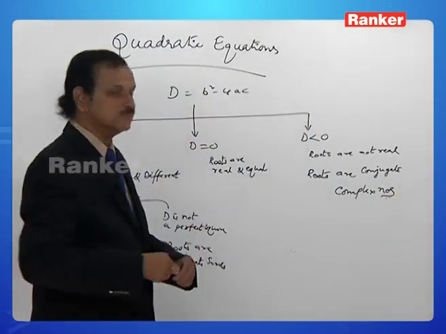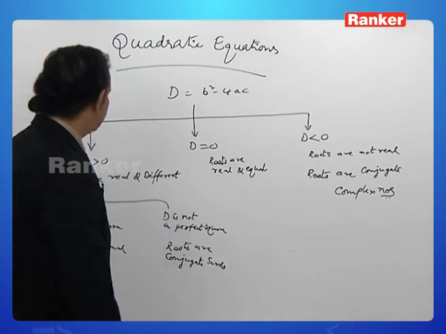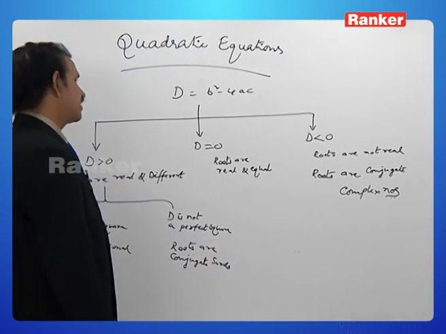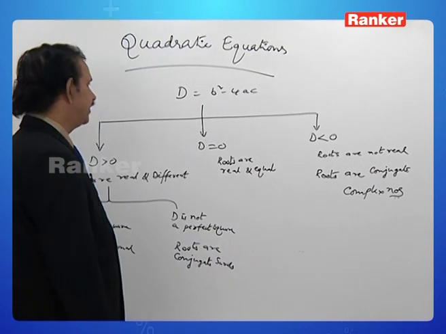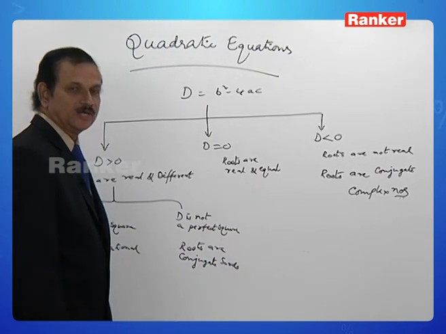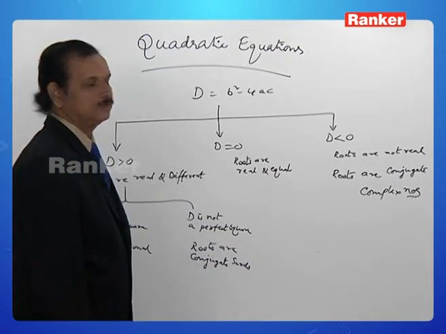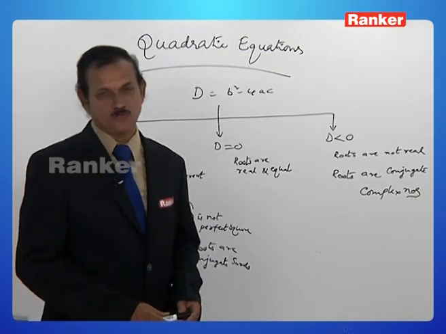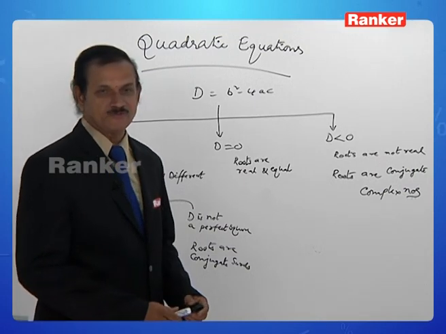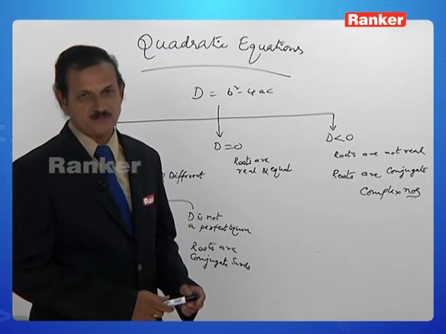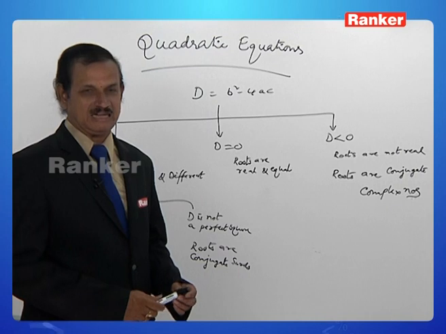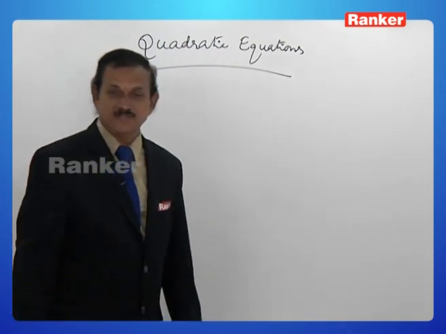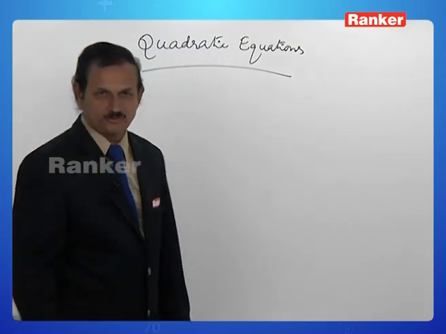This is the picture which illustrates the effect of the nature of D on the nature of the roots. Well, now let us observe some functions of the roots. That is, what happens when the two roots of an equation are added, multiplied, subtracted, like that. So we are now discussing functions of roots.